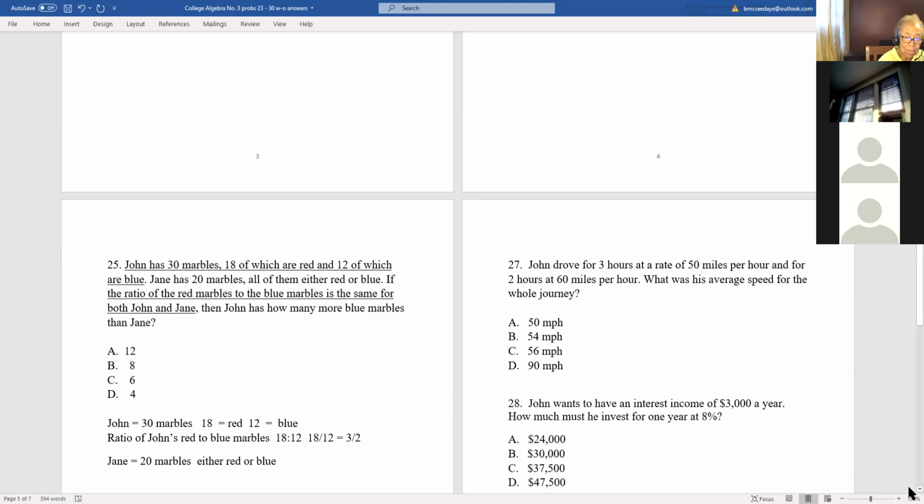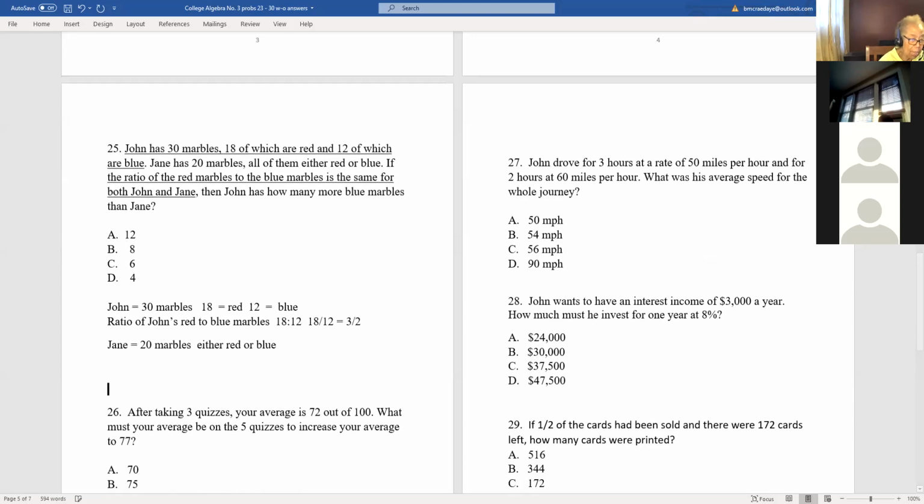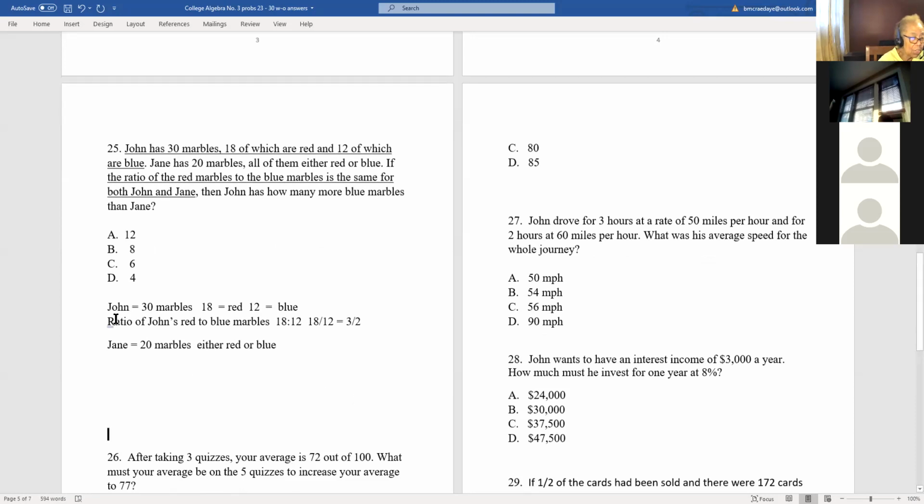So let's see. Let's put this here, red to blue. And let's put Jane. The ratio of Jane's red to blue is the same as John's. So that ratio is going to be what? 3 to 2.